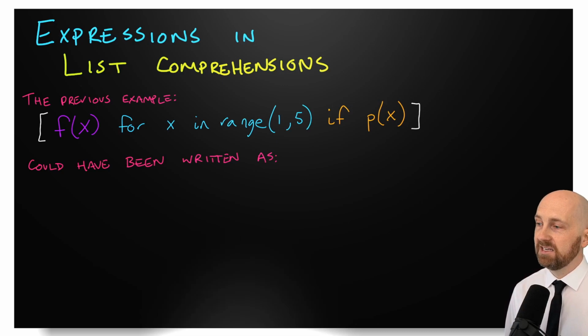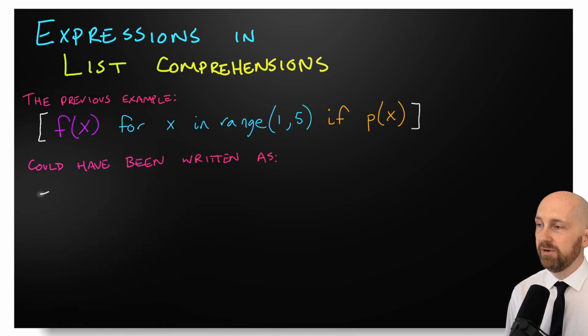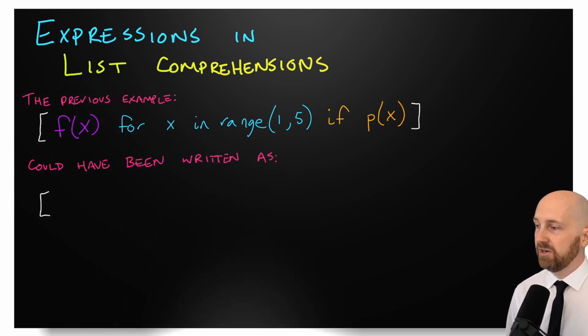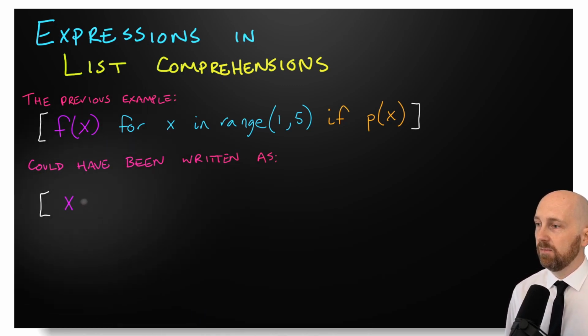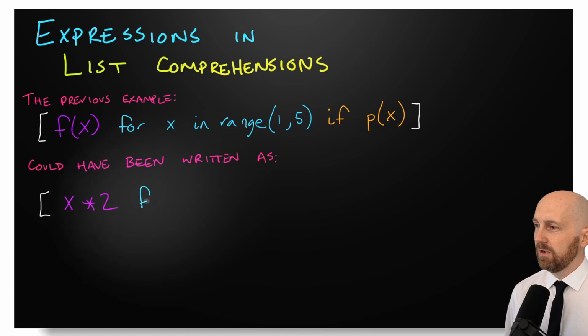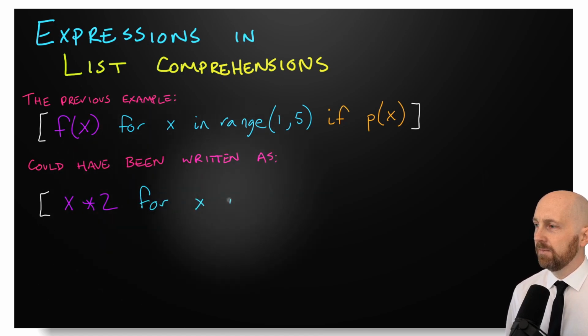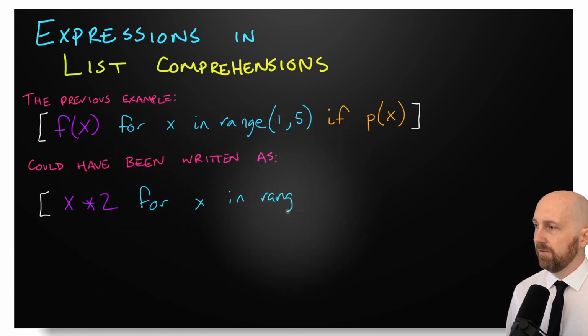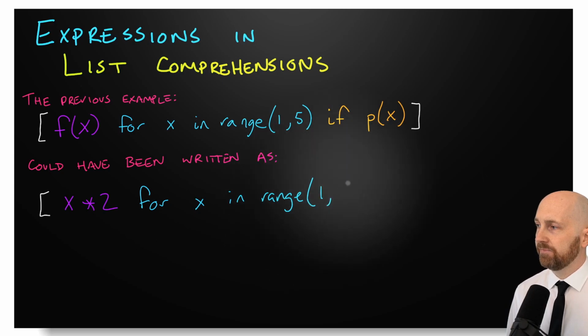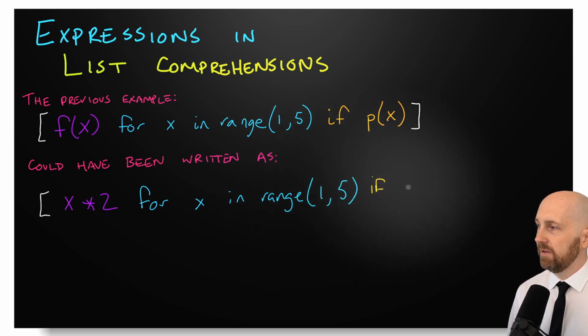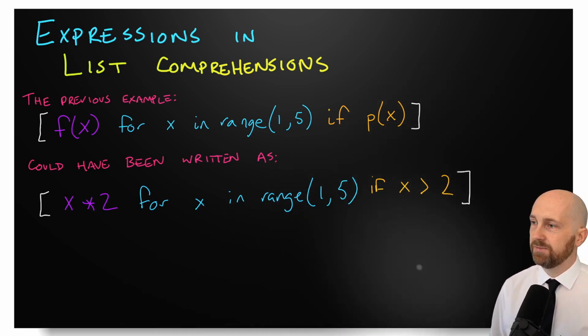So the exact same logic previously could have been rewritten as a list comprehension where we said this without calling a function. So we could say x multiplied by 2 for x in range of 1 to 5 if x is greater than 2, right? And we could have expressed this without those function calls, right?